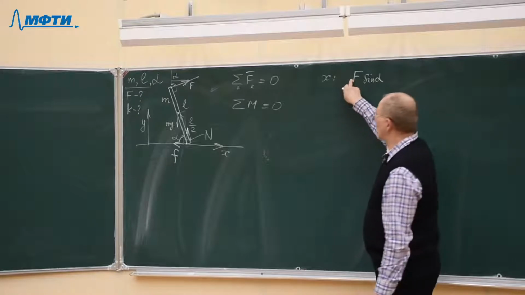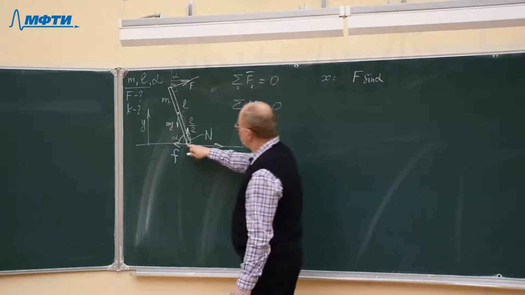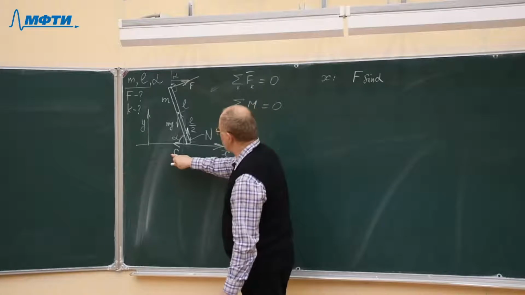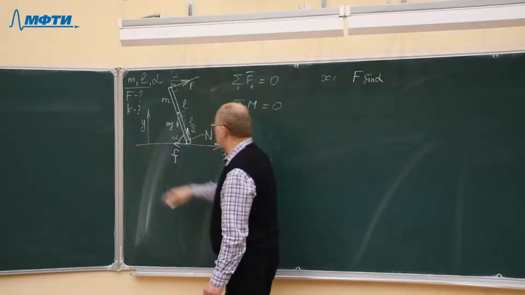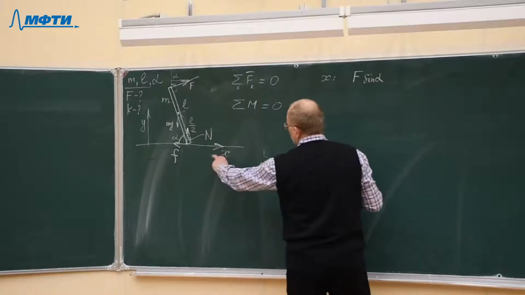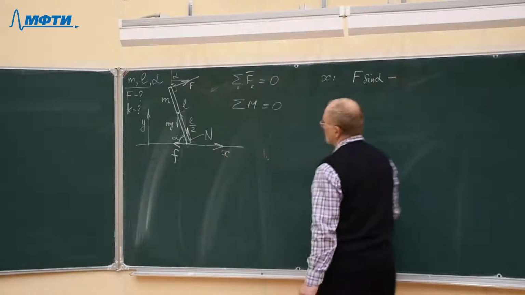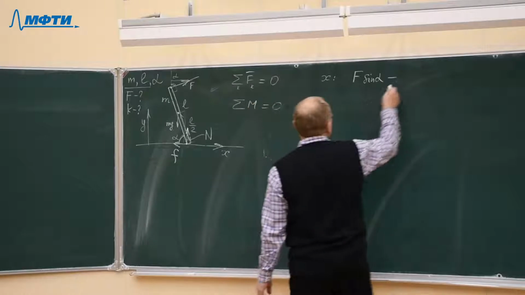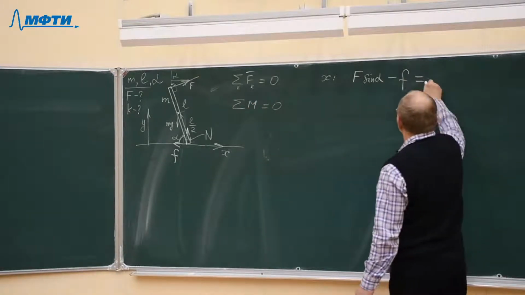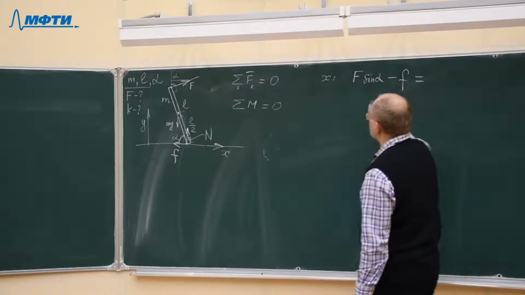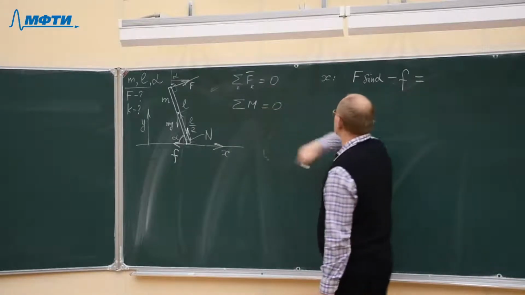It will be positive. Another force in horizontal direction is the force of friction, which is directed in the opposite direction, to the negative values of x. So this force of friction will be with the minus sign, and all this must be 0.